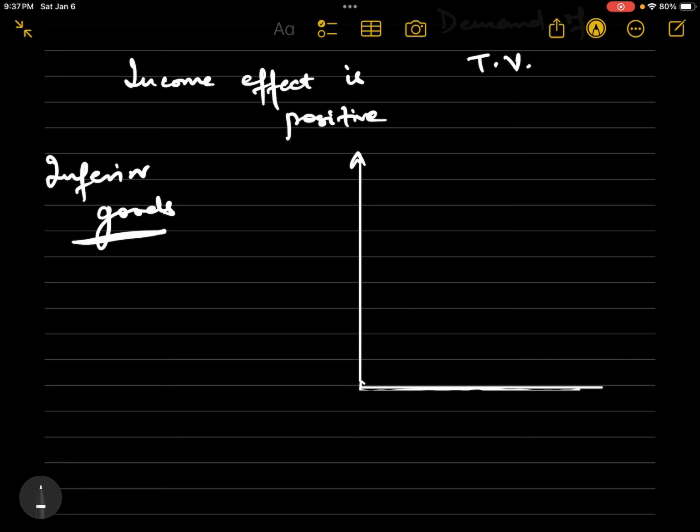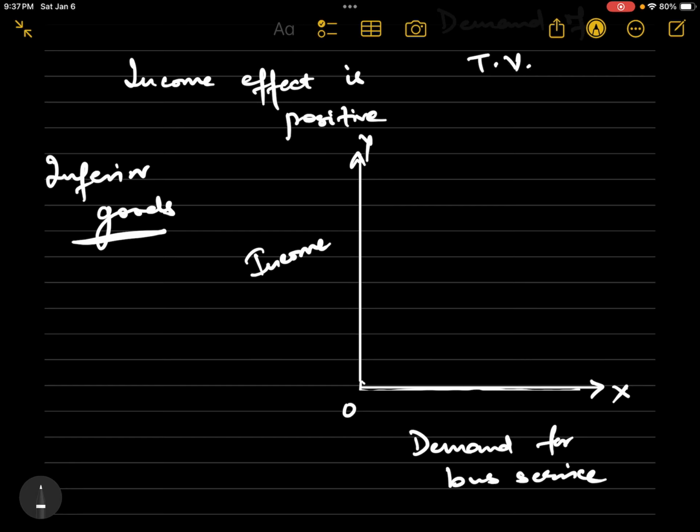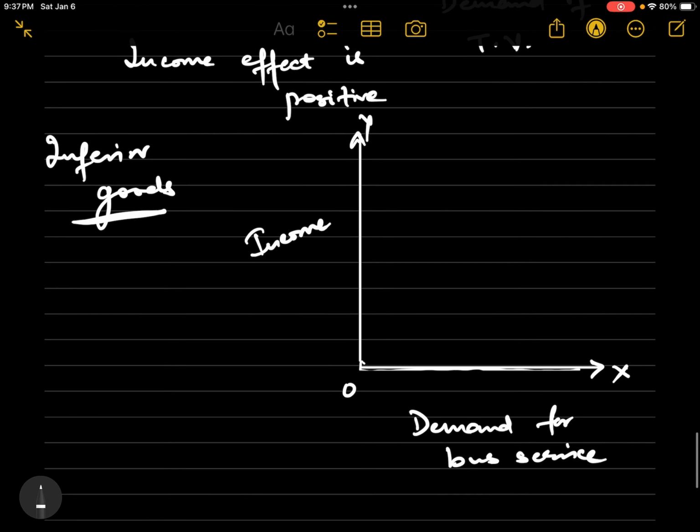So in this case, if we take demand for bus service and we are taking income on OY axis, not the price. That's one of the major distinctions we have to keep in mind when we are drawing curves for inferior goods or normal goods. So in this case, what will happen to the demand curve?